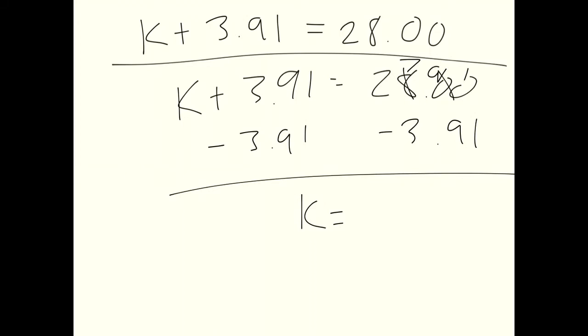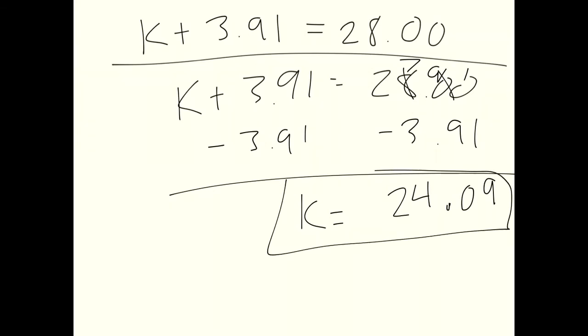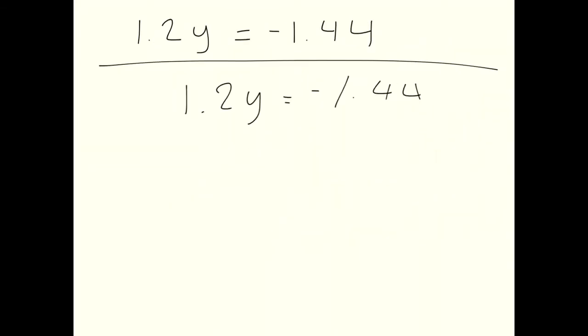And so 10 minus 1 is 9, 9 minus 9 is 0, and bring down the decimal. 7 minus 3 is 4, and 2 minus 0 is 2. So K equals 24.09.